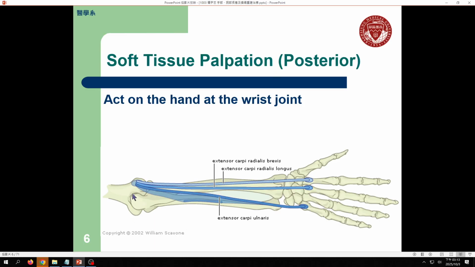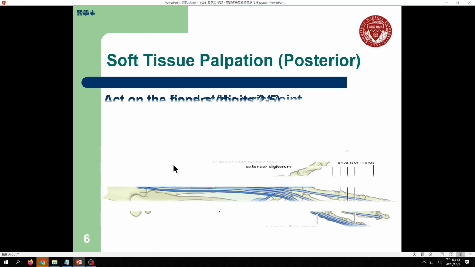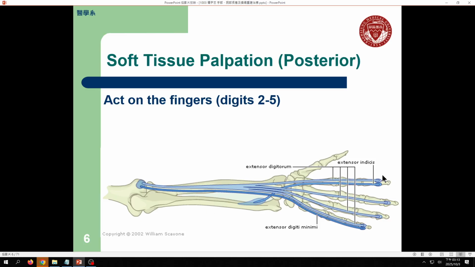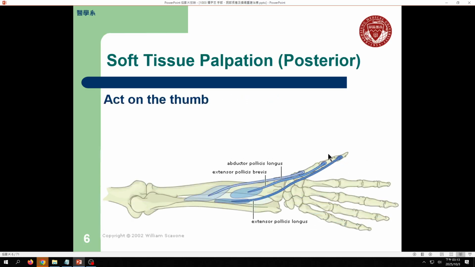All the wrist extensors are from the lateral epicondyle area. Okay? And going deeper, the distal finger extension is also the same, but the thumb is from the middle of the forearm. So that's origin and insertion. And in your anatomy, you did not learn that. You only remembered the muscle itself, but forgot to learn the origin and insertion.